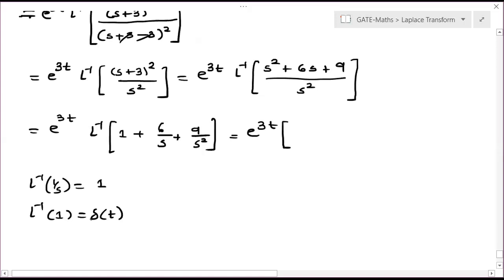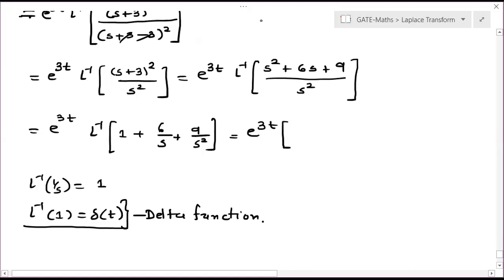Just as we have seen the unit step function in Laplace, in the same way, in inverse Laplace, we have the Dirac delta function. Don't worry, questions based on delta functions and its different formulas I will also explain. But as of now, just remember this: Laplace inverse of 1 is the delta function. Okay, remember this as a formula.